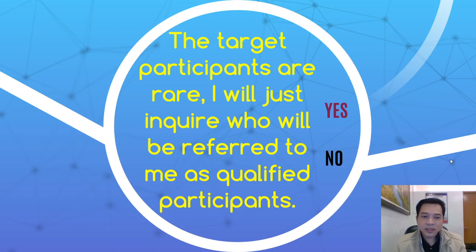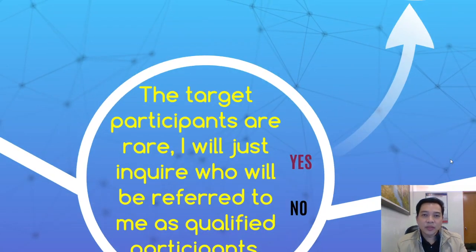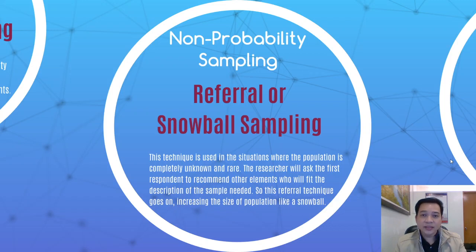And let's say I will just inquire who will be referred to me as an eligible or qualified participant for the criteria I have set, or for the condition of the study that is fitting for them. So when you say yes, that you will be looking at referrals, you'll be using what we call snowball sampling or referral sampling.